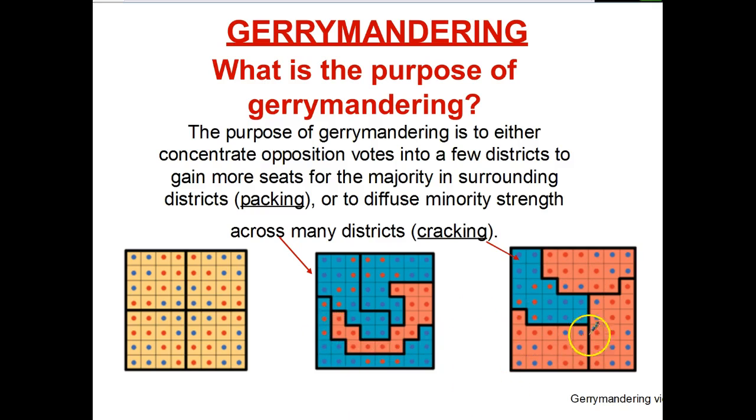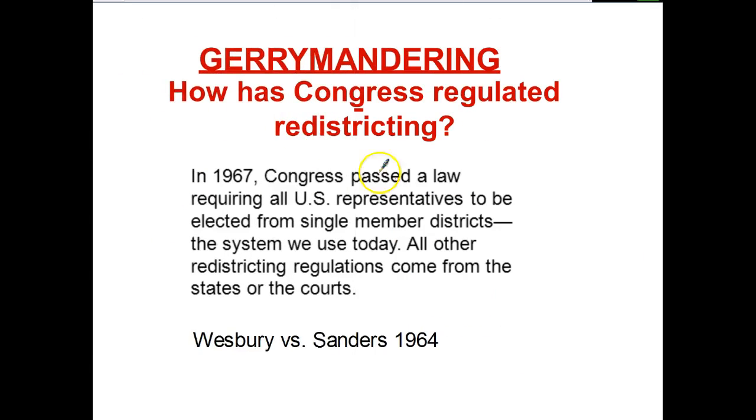If I wanted to make it Republican controlled, what I do is I crack it. Cracking is where I diffuse it, so there are enough Democrats, blue dots, in each one, but just not a majority. So here is a Democratic one, but here are 3 Republicans. All they're doing is redrawing the lines to get them what they want, them being the parties.